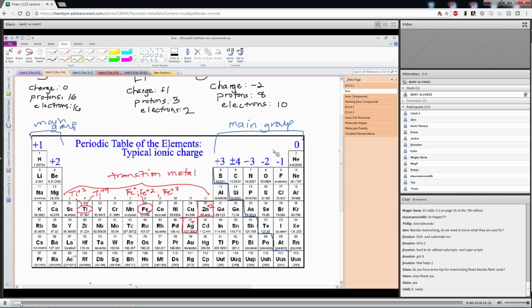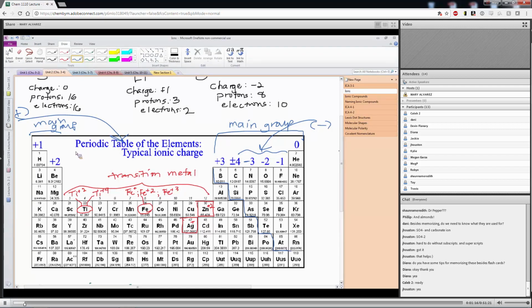We find that our nonmetals are usually negatively charged, negative 1, 2, 3, or 4, and our metals are generally positively charged. Do you guys see that? How that just happens? I hope.